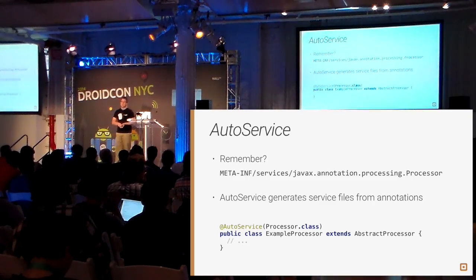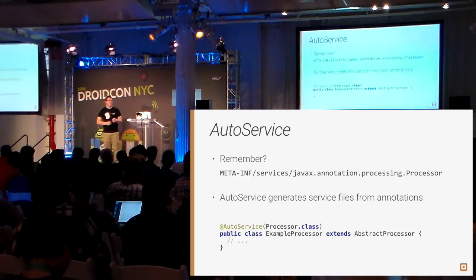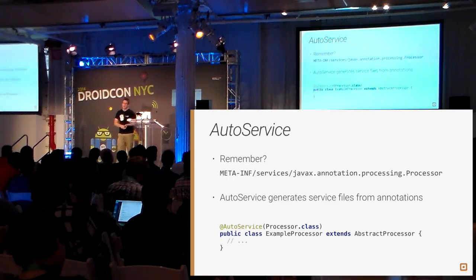So we give it a reference to that. And when our annotation processor source code is being compiled by javac, it's going to generate that services file so that when that jar is included on the classpath of javac that's compiling your app, it can find the annotation processor and run. Pretty gnarly, pretty awesome. That's in the auto repo.